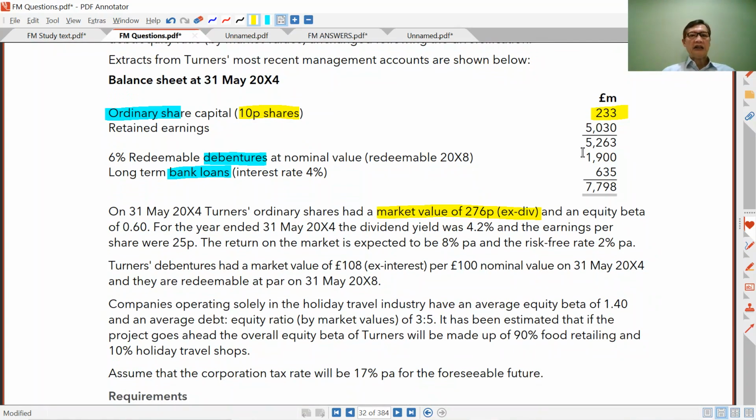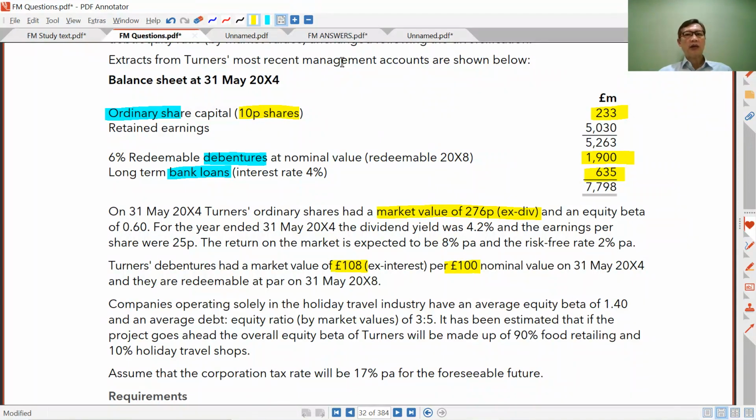And for the debenture, this is a book value of 1900. Market value is equal to 108 for the debenture per 100 pounds there. That means to say it is 8% above the par value or the book value. Last, you have the bank loan. For the bank loan, we will take the market value as the book value.